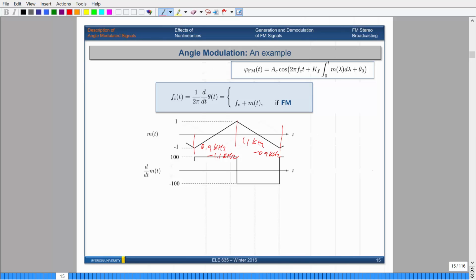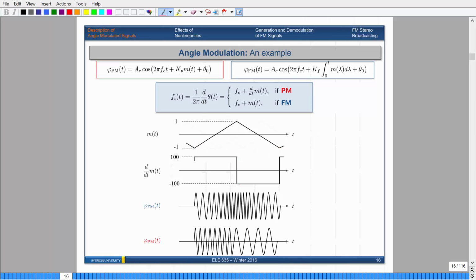So it's like you're kind of compressing a spring over time, and that's what it looks like over here. Okay, so in between here and here, this varies from 0.9 kilohertz to 1.1. So you see as the frequency starts to gradually increase, and then after this point, when the line changes, it goes from 1.1 down to 0.9.